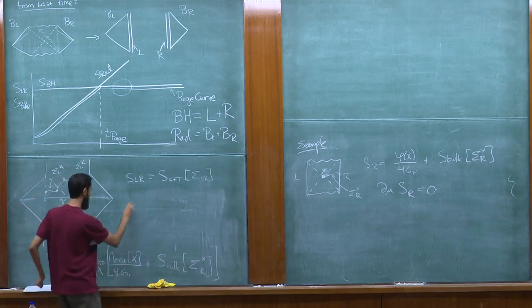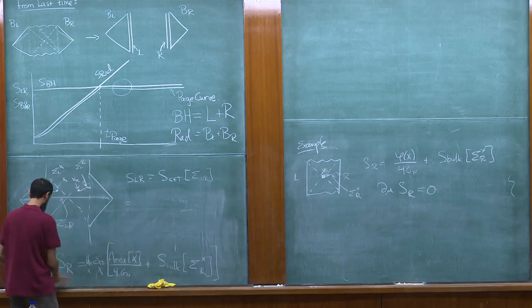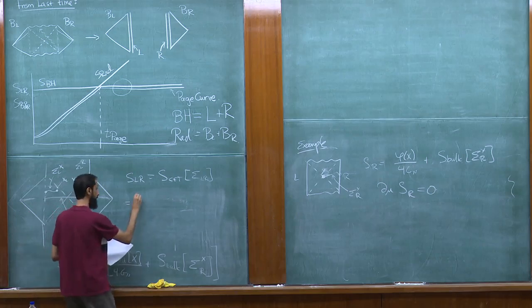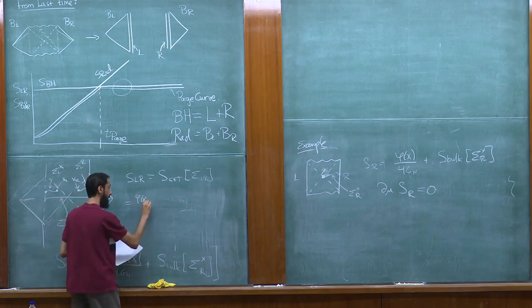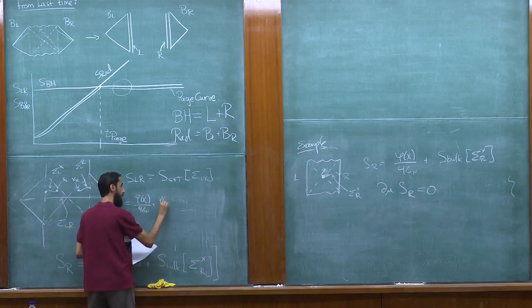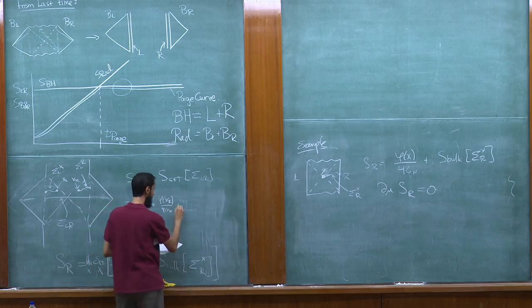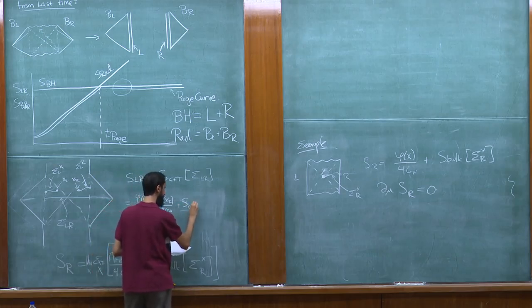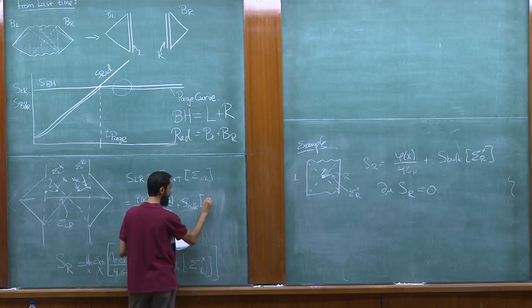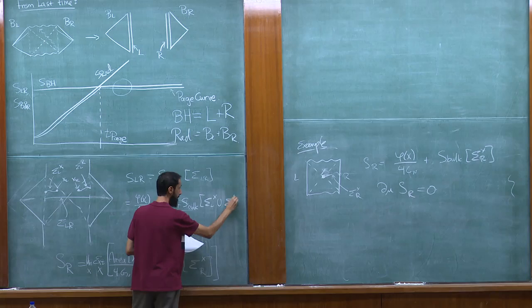So one contribution looks something like this, where the answer is going to be phi at XL divided by 4G Newton plus phi at XR divided by 4G Newton plus the bulk entropy of the union of sigma Lx and sigma R x, LXR.